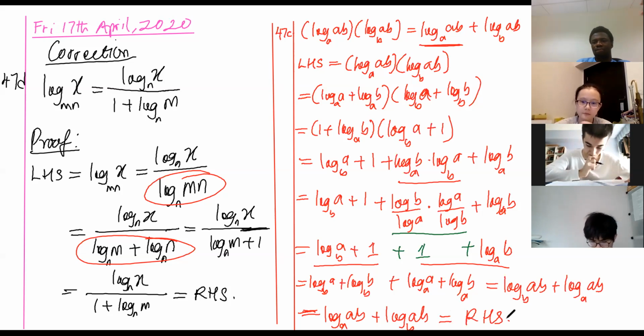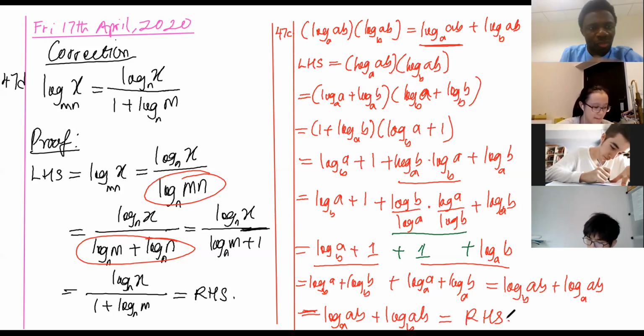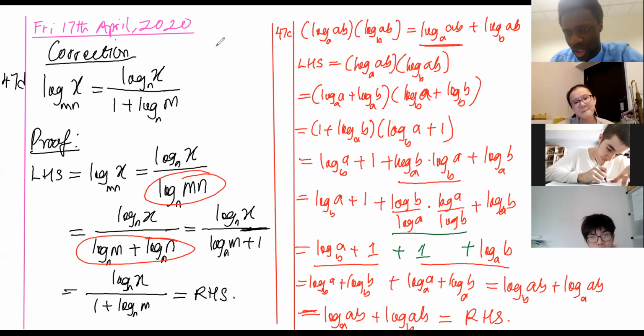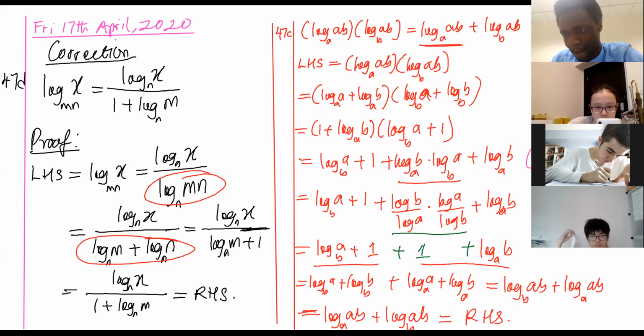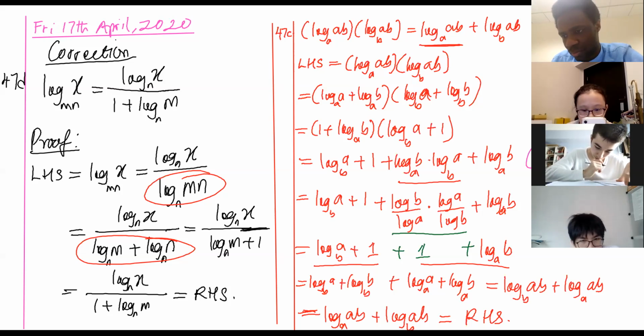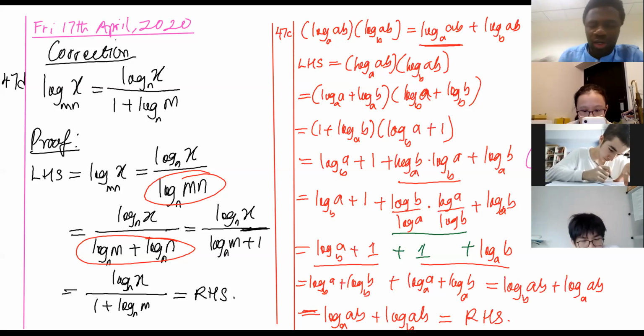Okay? Any other question? So here you may use 47A, state 47A if you have done it. If this was some exam question, A, B, C, D, they are all in the same paper.